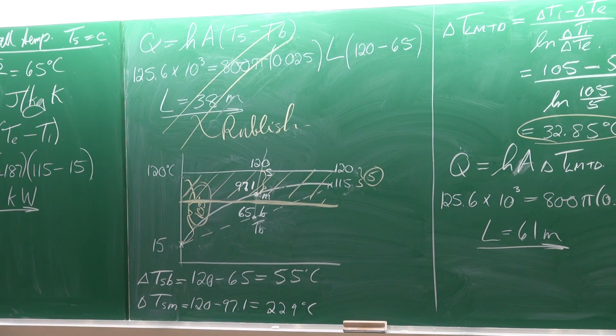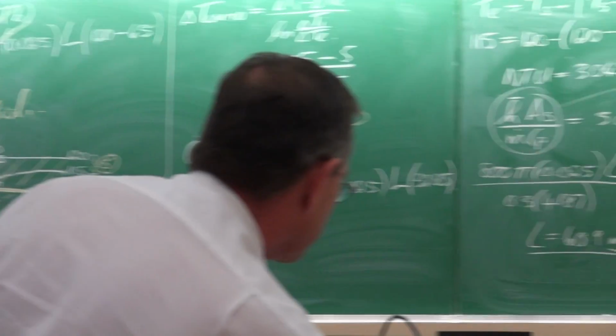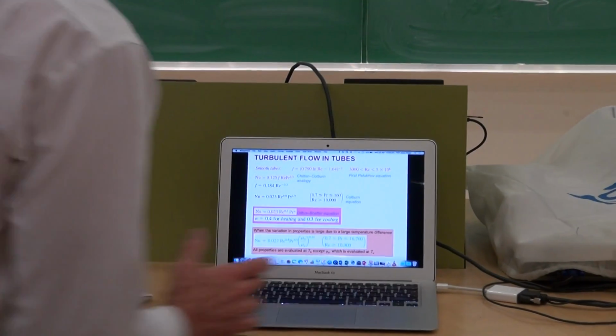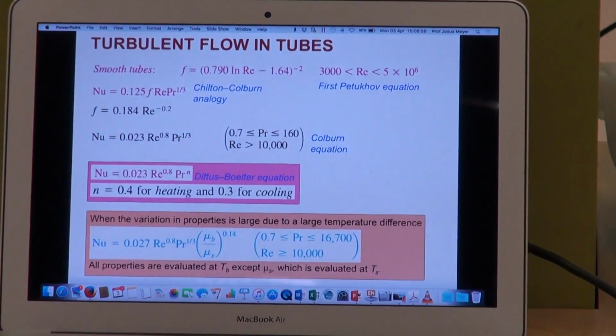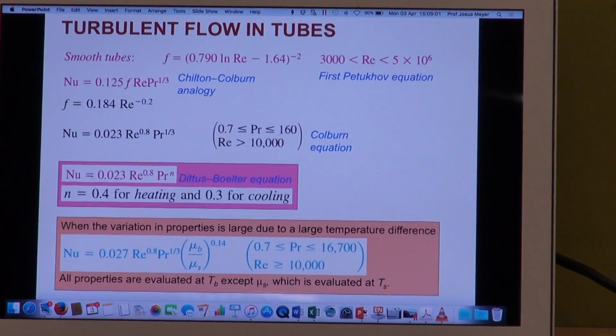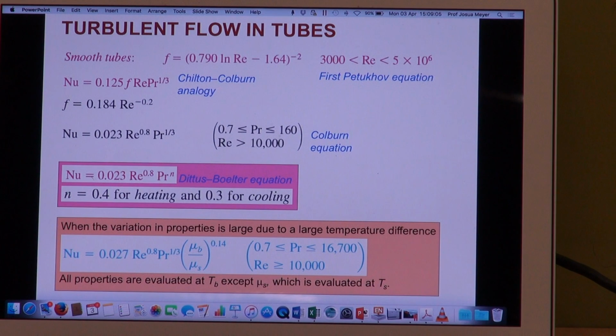Okay, then the last part that I would like to show you in this chapter is the case for turbulent flowing tubes. These are just a number of equations which are given in your textbook, and I'm not going to rewrite it on the board because they are there. It shows firstly the friction factor equation for a smooth tube.